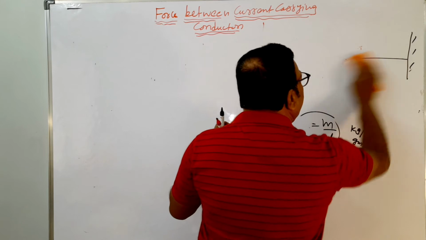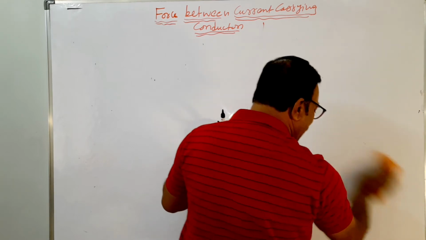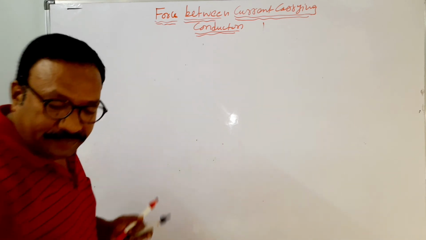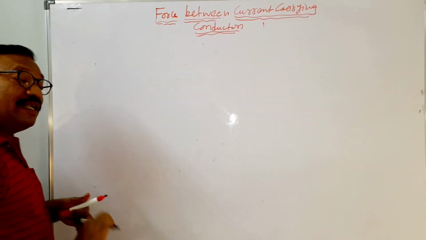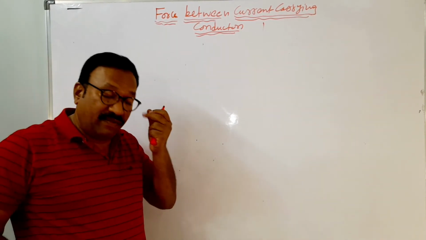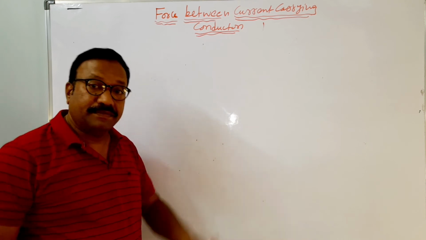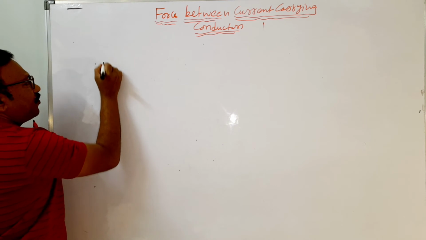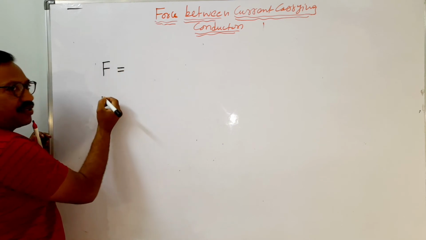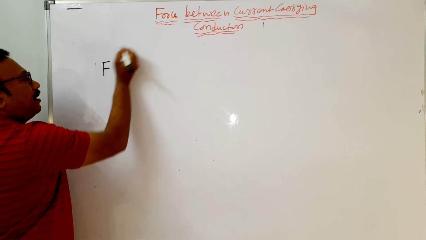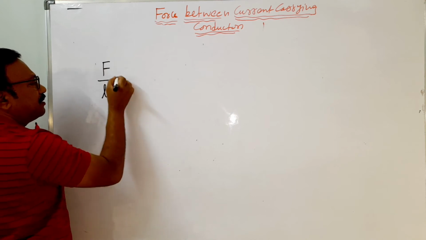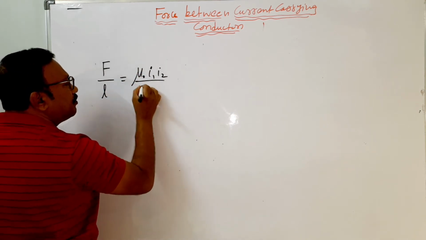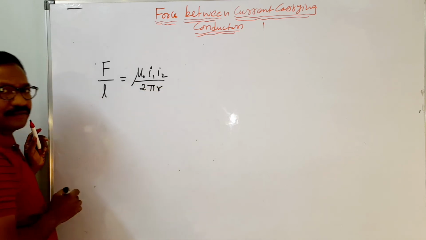In the second application, it is not an application, but okay, that is one point to be discussed here, right? So he will define 1 ampere here. He will define what? 1 ampere. What is that? You know the force of attraction or repulsion, force per unit length, is given by mu naught I1 I2 by 2 pi r.